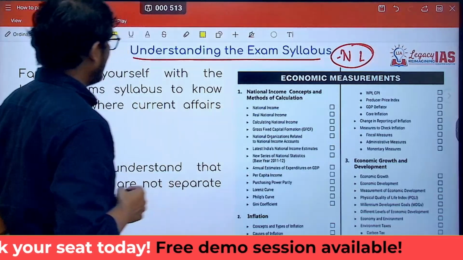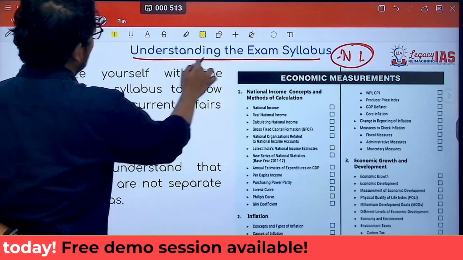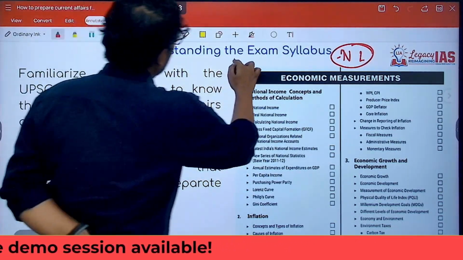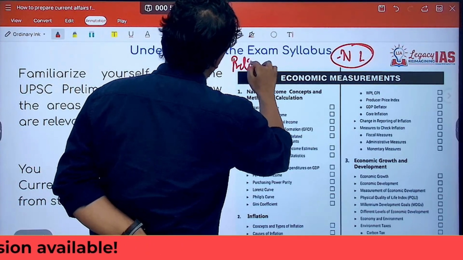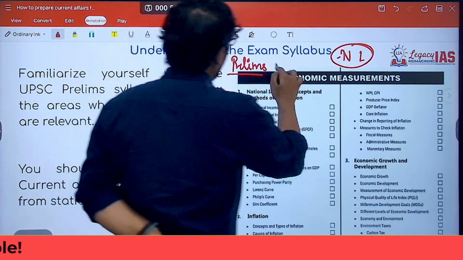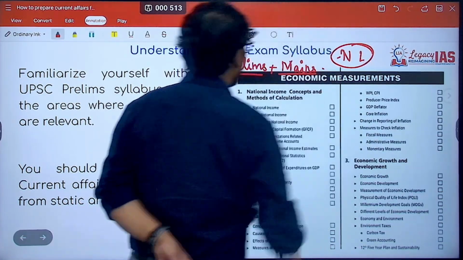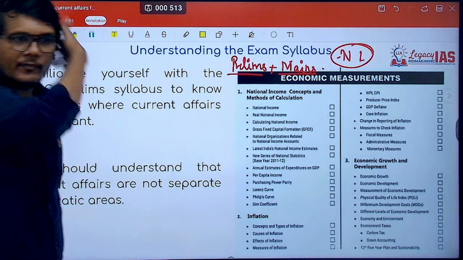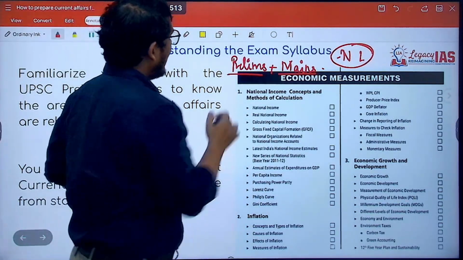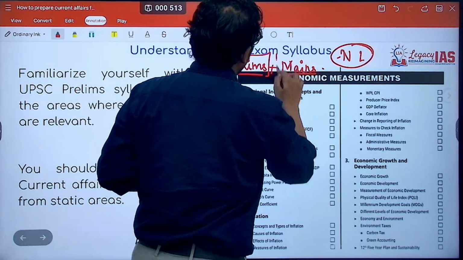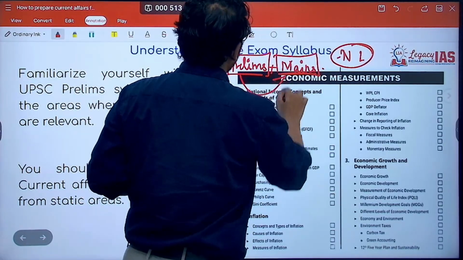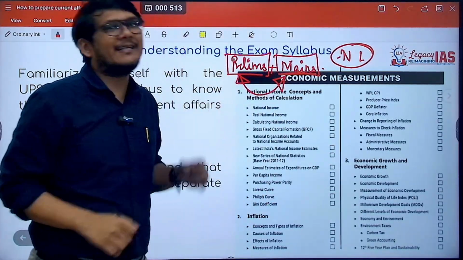As a result, when you are talking about the exam syllabus, it's not just the prelims syllabus that you have to look at, you also have to look at the mains syllabus as well. The prelims syllabus and mains syllabus can both reinforce or complement each other.